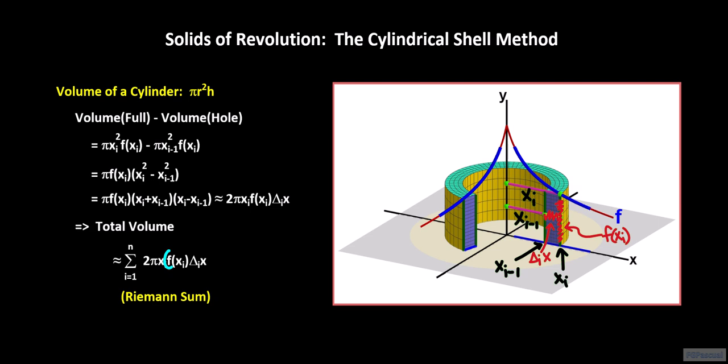Now, if f is a continuous function, and if the maximum thickness of all the cylindrical shells goes to 0, this Riemann sum should tend to a finite limit. This limit is the exact volume of the solid of revolution, and it is equal to 2 pi times the integral from a to b of x times f of x dx.